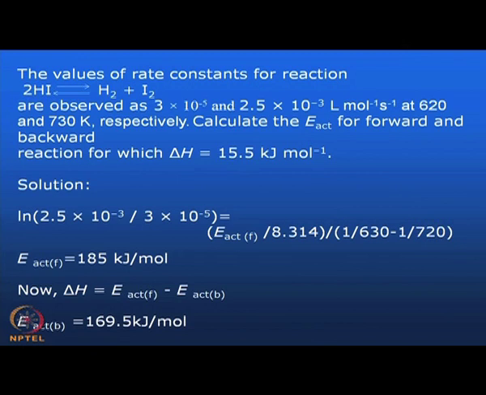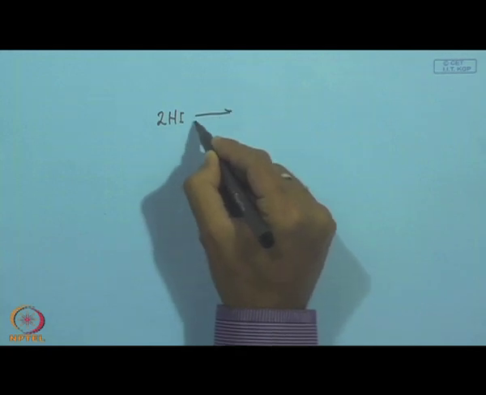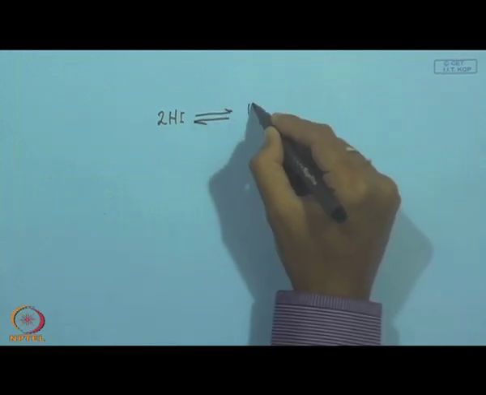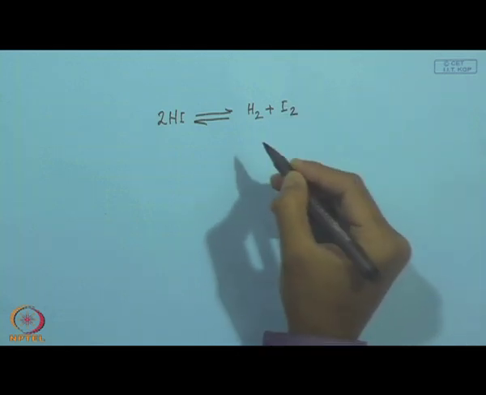Now, let us move on to one example, the dissociation of HI at two different temperatures. Let us look into this process: 2 HI giving rise to H2 plus I2 in the gas phase.